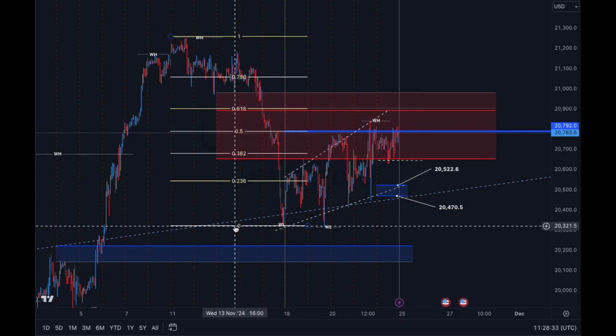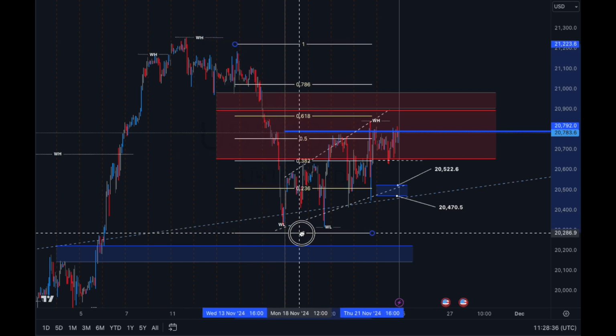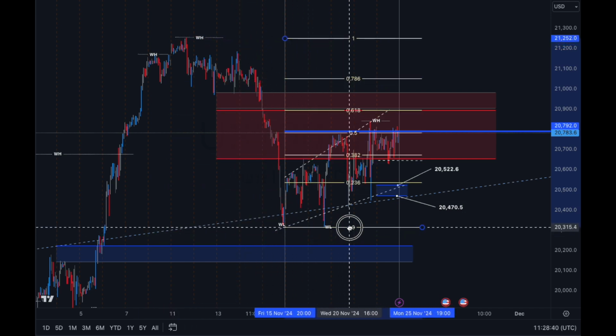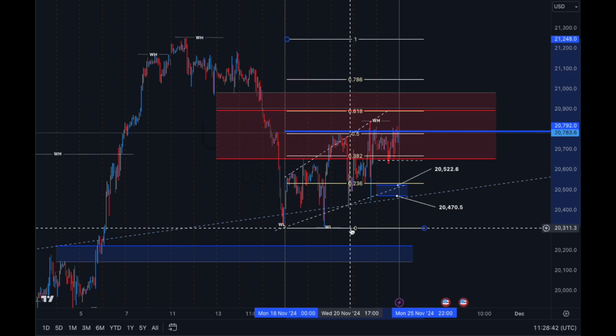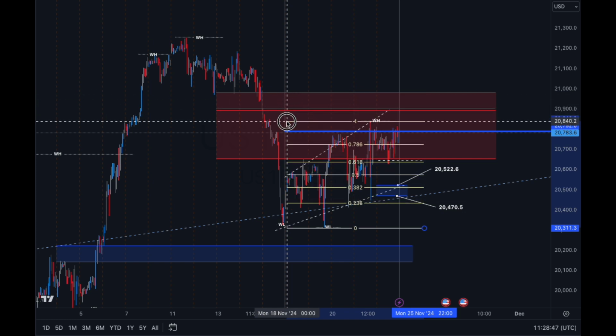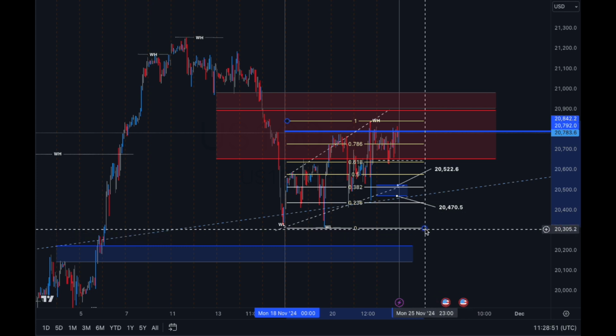Then I'm going to grab the Fibonacci and place that over the weekly low and high for the week just gone. We're just going to plop that in there like so.